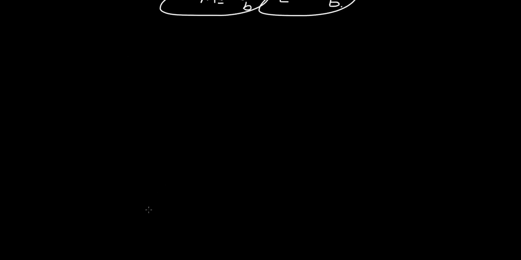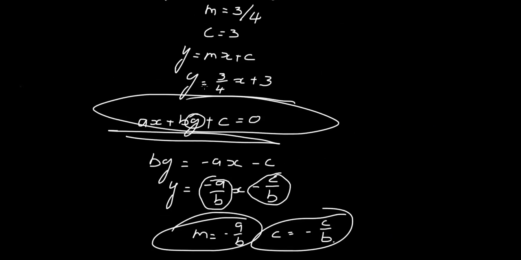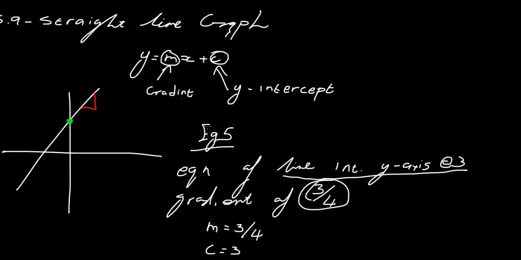Okay, so example 6 says, convert the following equation to the general form. Just to get you in on the terminology, this form is called the gradient intercept form, or the gradient form.